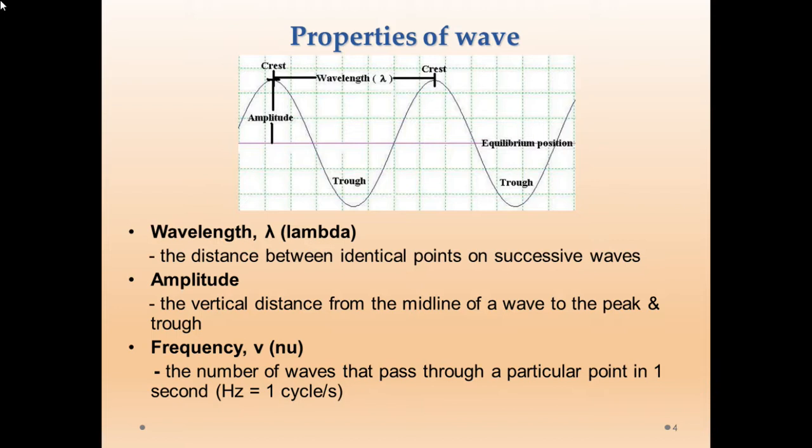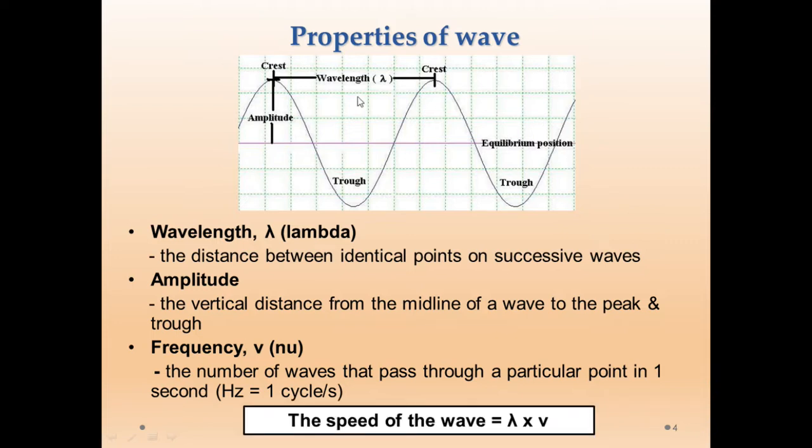So the first thing is to know about the wavelength. From the graph, you know that this is a simple wave graph. The wavelength is the length from this part to this part, or the length between this and this, which is what we call the wavelength, or lambda.